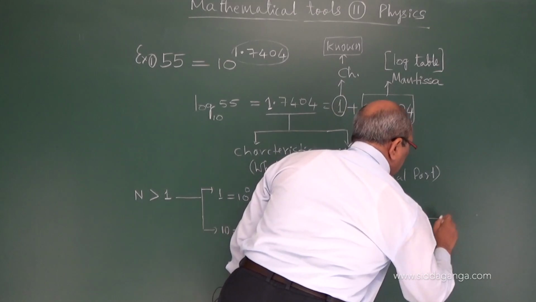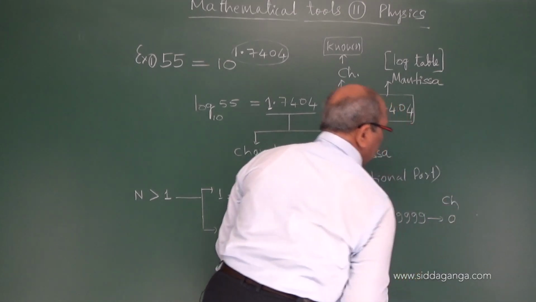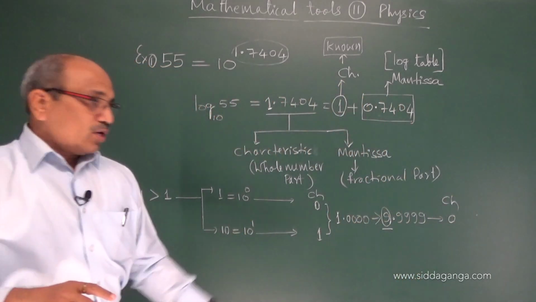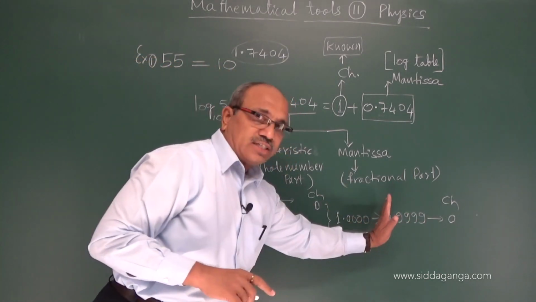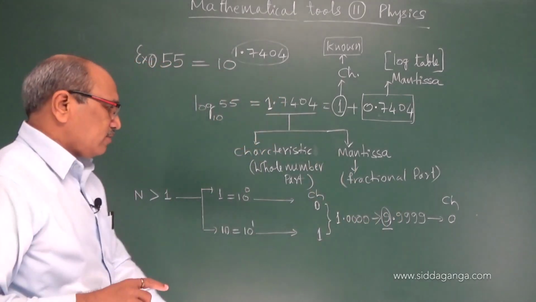See, the whole number part is only 1 digit. Your characteristic becomes 0, 1 less. Not the number, I am saying digits, the number of digits left of the decimal point.